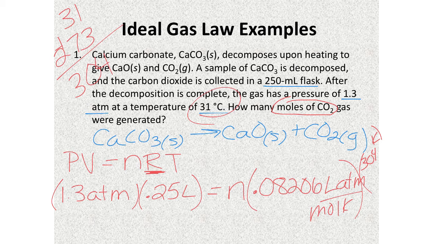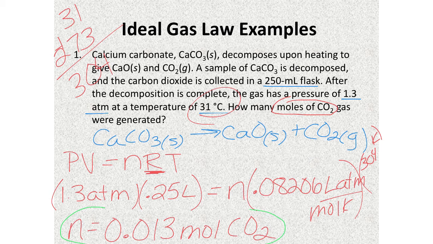All right. Once you plug that all in, we get 0.00130. Let's see how many significant figures we want. We only want 2 significant figures, so we are good with that. So that's how many moles of carbon dioxide gas was generated.